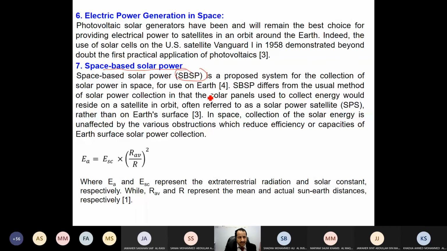They make a satellite or a station there, collect the energy and send it as a laser beam to the station, and they make an estimation of the power to be collected, which is the power in space, power on the earth. It will be power in space multiplied by the square of R over R, which represent the mean and actual distance from the center and receiver, from the satellite and the plant on the Earth.